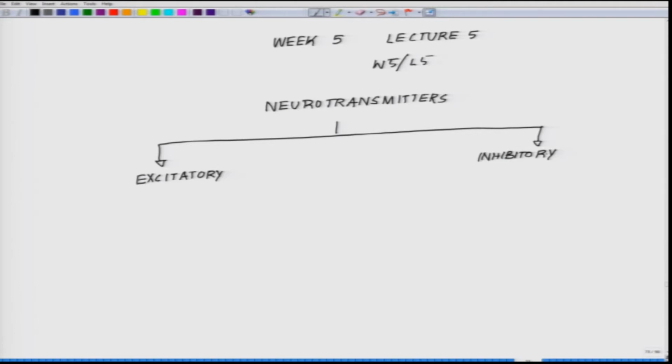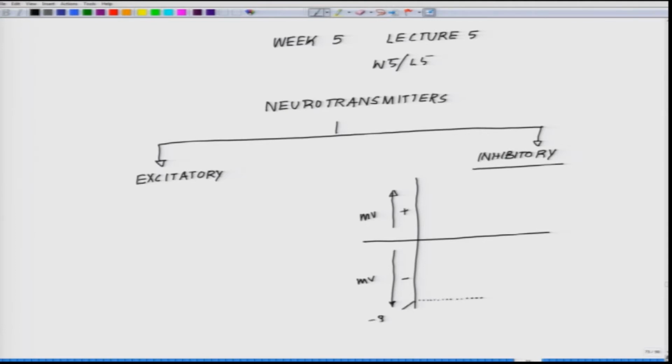Now, what I told you is that if it is an inhibitory neurotransmitter, then if the cell is sitting, say, this y axis gives you the voltage in millivolt, positive on this side and negative on the other. The cell is sitting somewhere around here, if I consider this as minus 80.